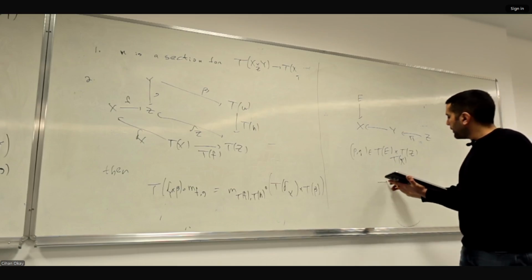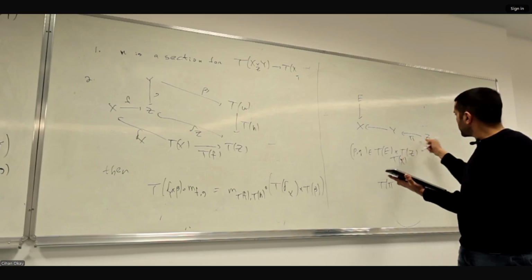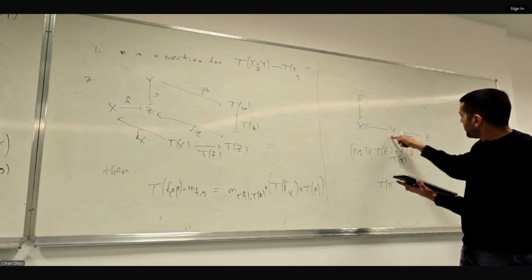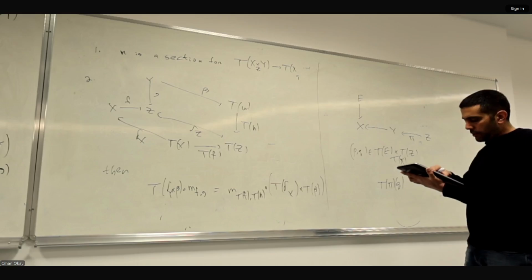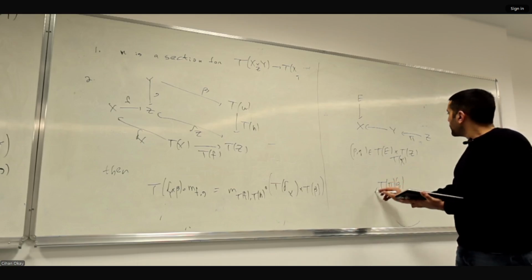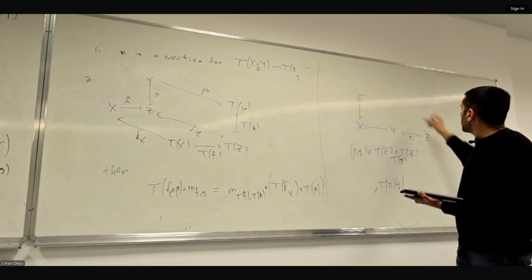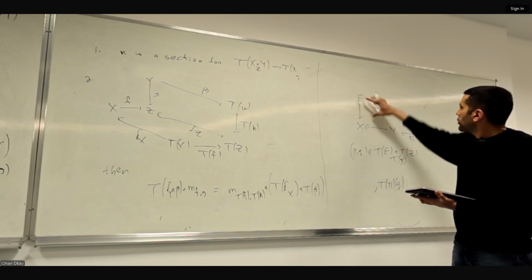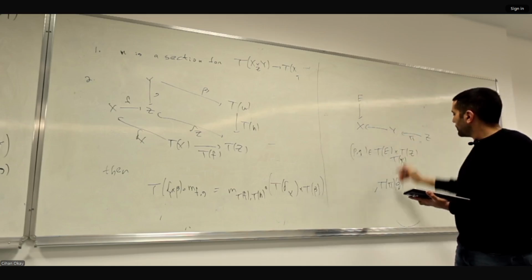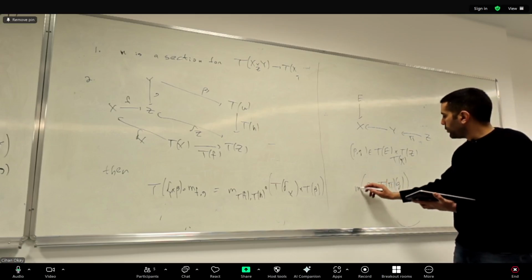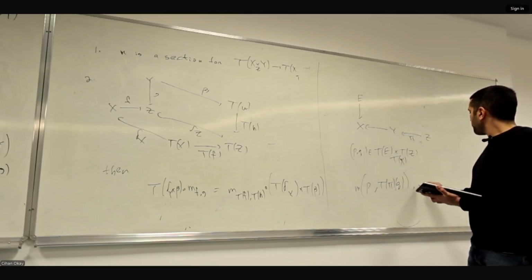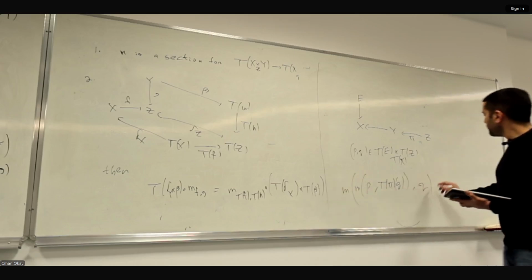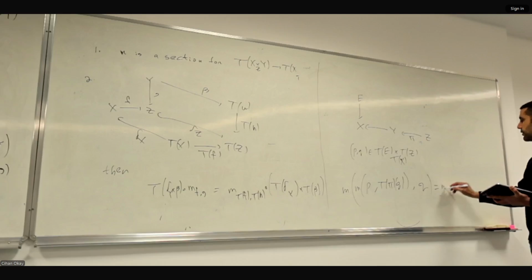First of all, we apply T pi on Q. If we apply this, and then we glue with P, where P is a distribution here and Q is here, we get something here. If we do this and then glue all of this with Q, it is the same as gluing P and Q.